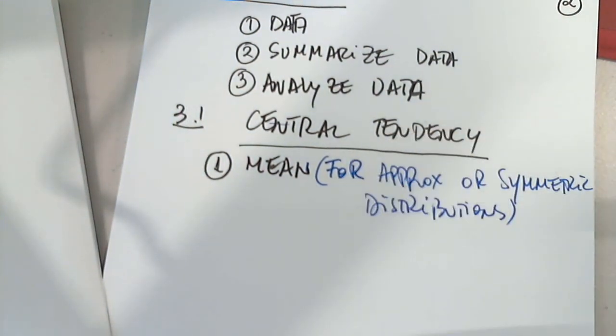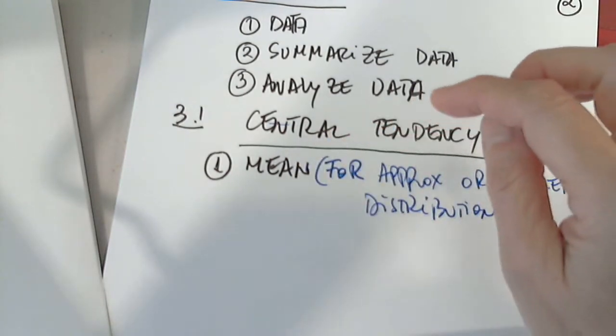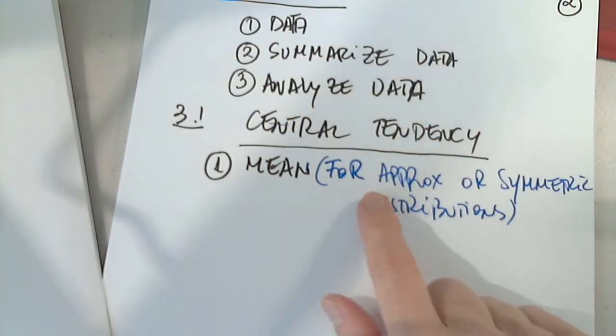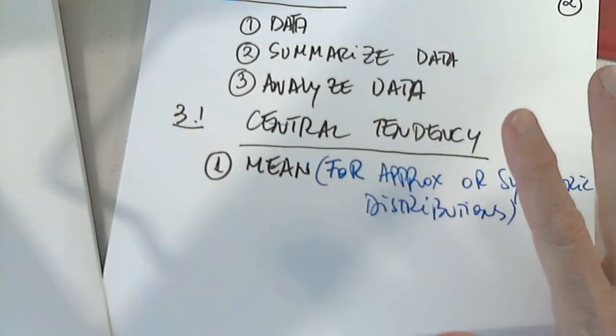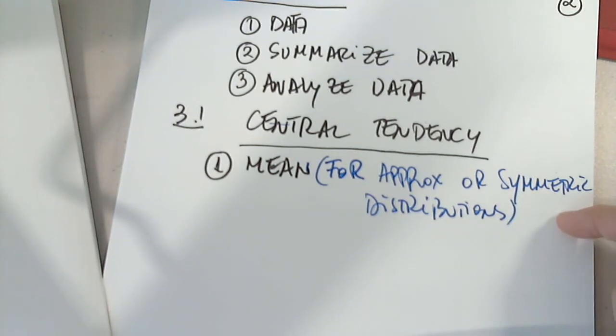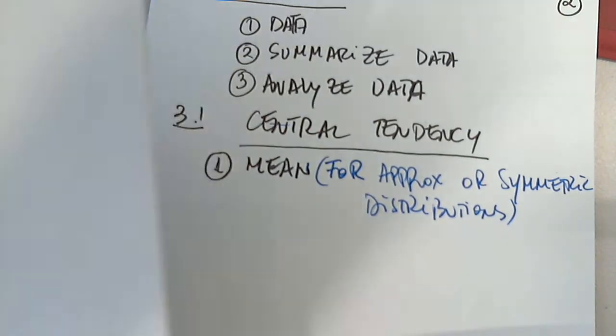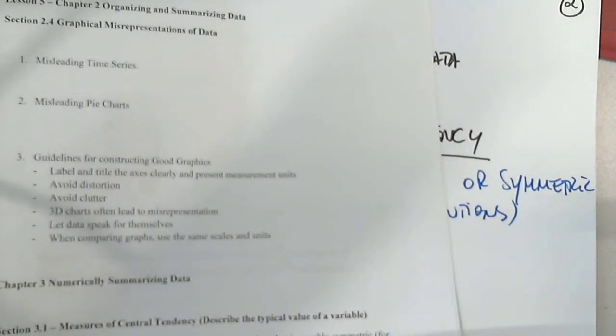Yes, we will determine it for all distributions, but we use it to present the central tendency normally for approximate or really symmetric distributions. What does it represent? It's the center of gravity, for quantitative data that is roughly symmetric.